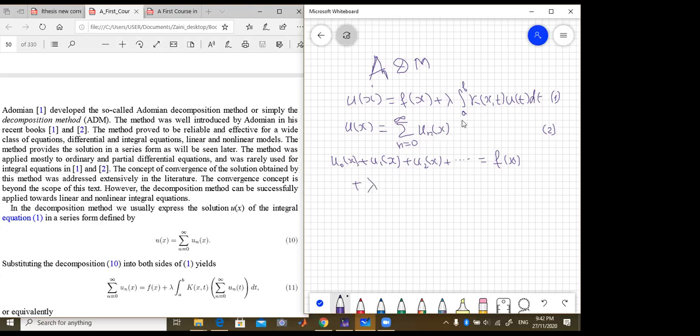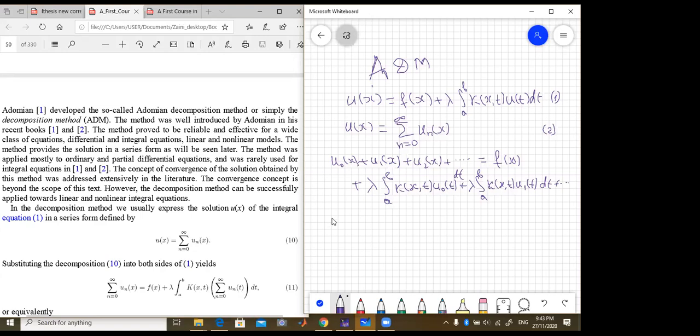So when we substitute and open it up, we have the following form: integral from a to b, k of x,t, u0 of t dt, plus lambda integral from a to b, k of x,t, u1 of t dt, plus and so on.